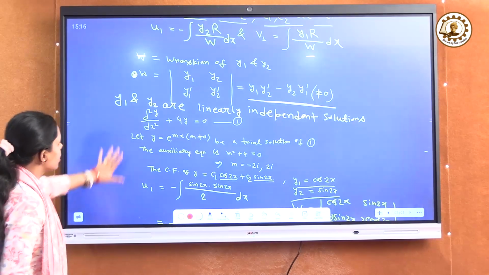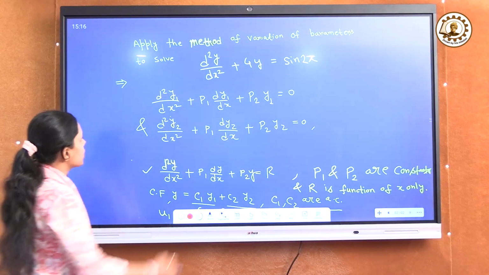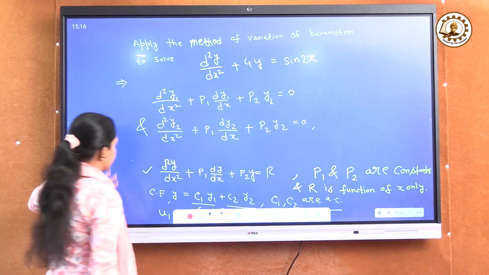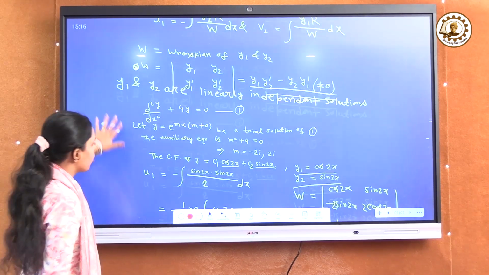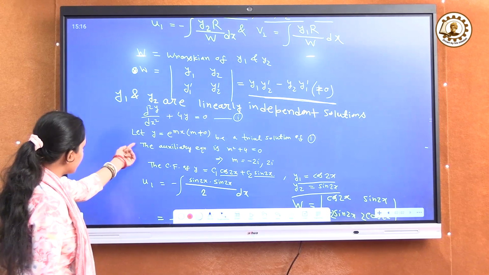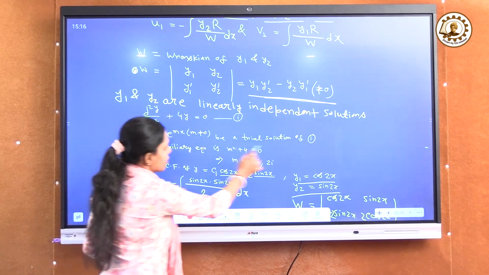Now in our question, the equation is d2y/dx2 + 4y = sin 2x. First we solve the homogeneous equation for the complementary function. Let y = e to the power mx, where m is not equal to 0, as the trial solution.